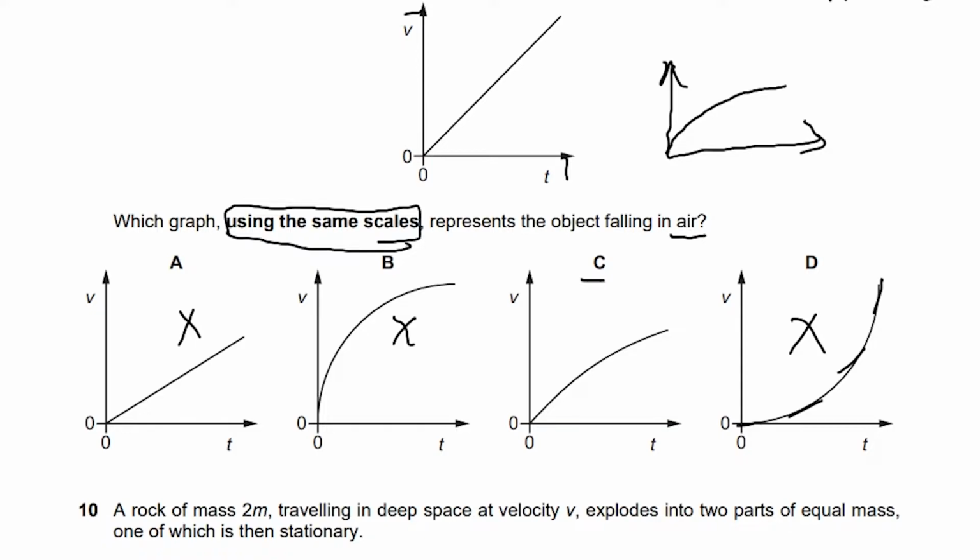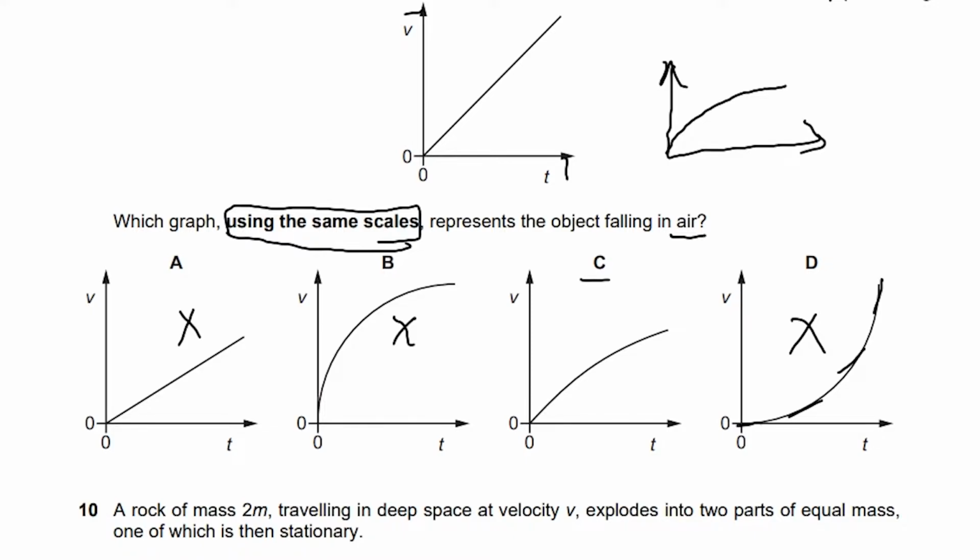Now why is option C correct? Option C is correct because if there is air resistance acting, there is a resistive force, and this resistive force increases until it is equal to weight. And when this happens, we have a terminal velocity, and at that point the acceleration is 0 and forces are balanced. So the gradient decreases in both.